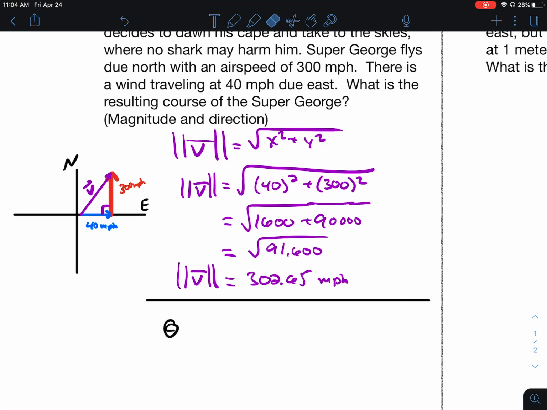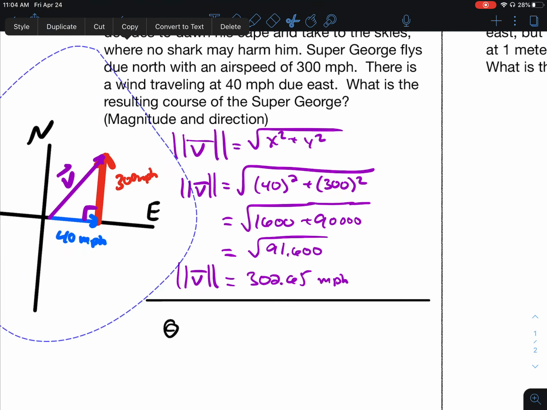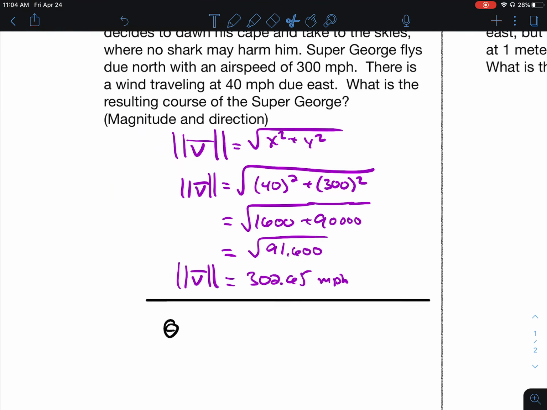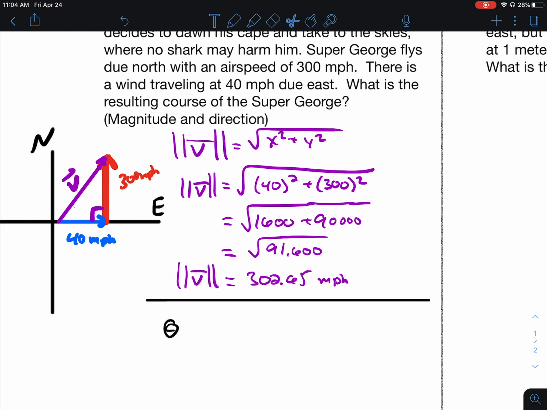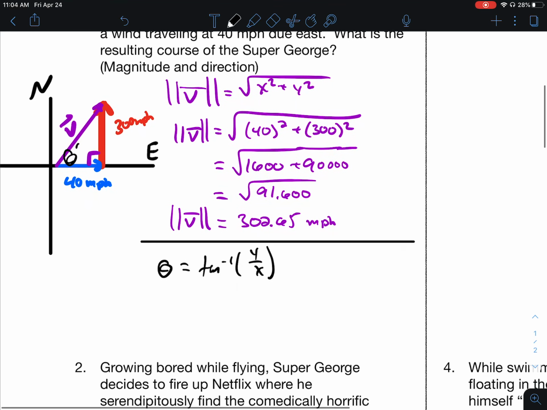I really should have drawn this picture bigger. That's going to be tangent inverse of y over x. And in this case, it's tangent inverse of 300 over 40.